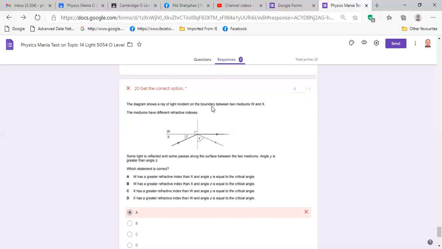So first we identify that the angle of refraction, R, is 90 degrees, and our angle of incidence, I, is equal to the critical angle. As it is the critical angle, that's why our angle of refraction is 90 degrees.